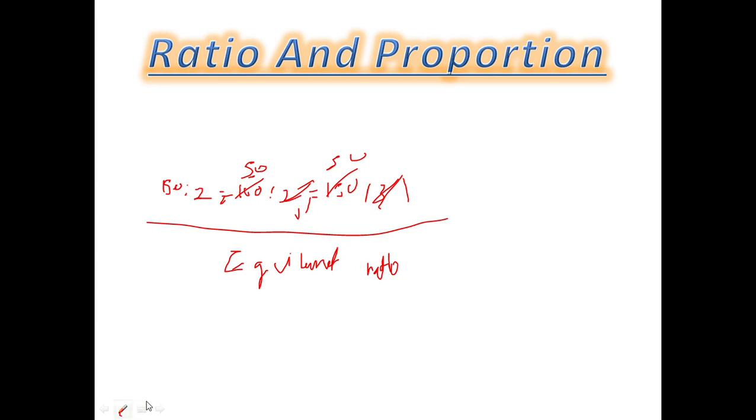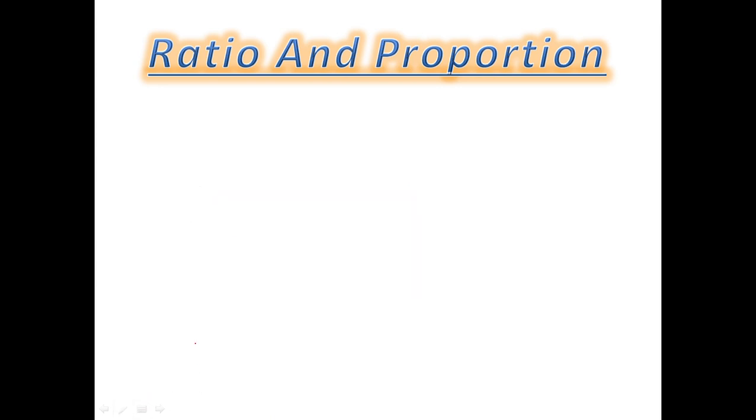This line is saying we can find the equivalent by multiplying, like it is 1 upon 50 multiplied by 2, it will be 2 upon 100, and we divide by 2, 1 upon 50.